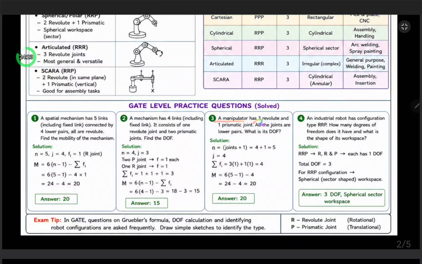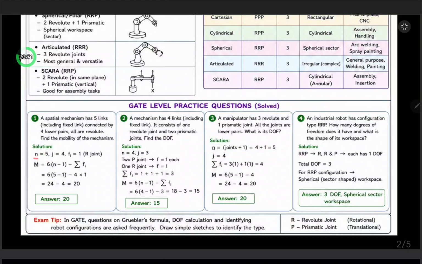Now a manipulator has 3 revolute, 1 prismatic joint. All the joints are lower pair. What is its degree of freedom? So n equals joints plus 1. Here 3 revolute and 1 prismatic joints are there, so n equal to 5. Okay, 4 plus 1, this we can remember every time.